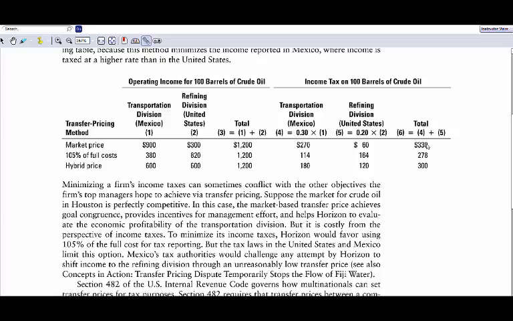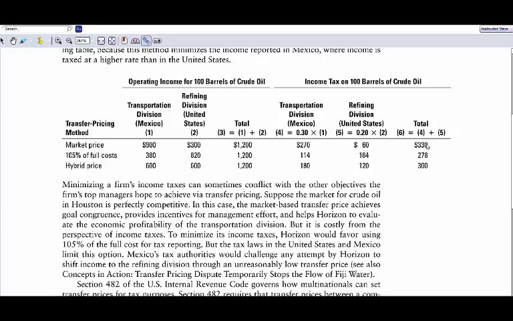Your book also mentions that under the Internal Revenue Code that Horizon could actually obtain approval in advance from the IRS, and obtaining this approval in advance in regards to transfer pricing arrangements from taxing authorities is called getting an advanced pricing agreement, or an APA. An APA is a binding agreement for a specified number of years.